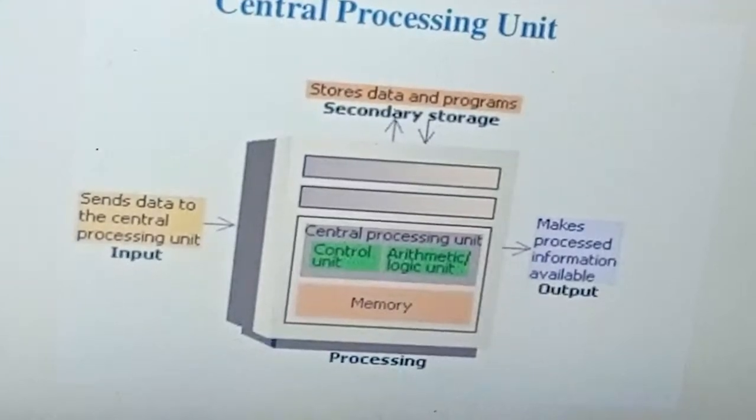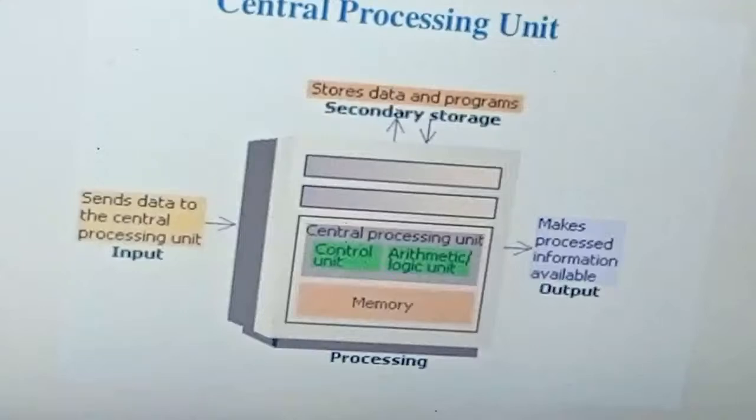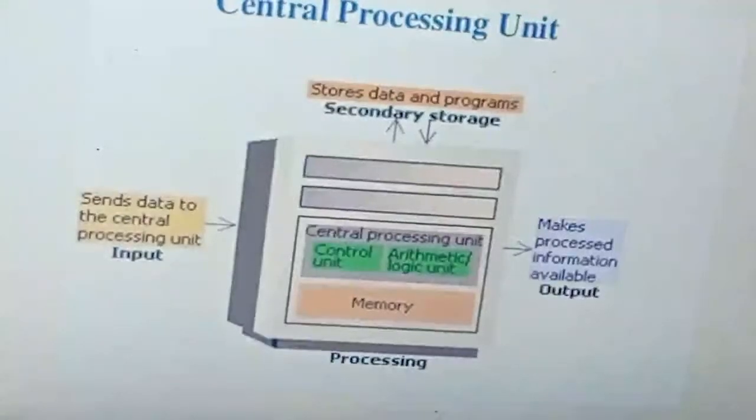Here data is converted into information as output. It is a highly extensive set of electronic circuitry that executes instructions. The central processing unit takes 4 steps for each instruction.